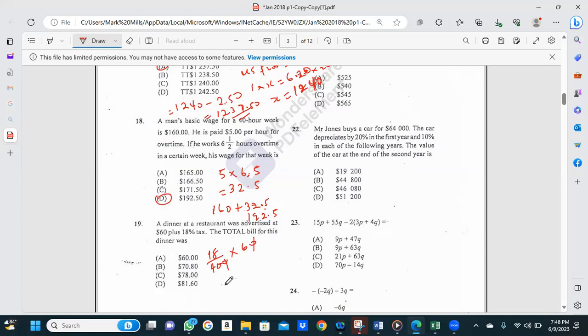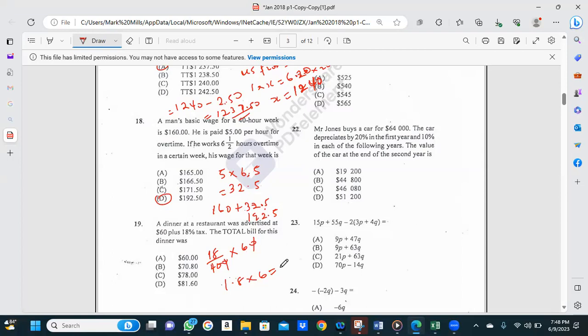So let's start with 1.8 times 6, right? 1.8 times 6, what do we get? What is 1.8 times 6? Say 10.8.